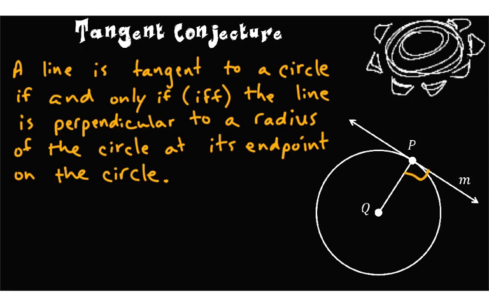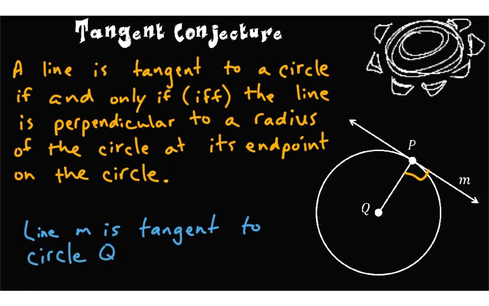And that's what the if and only if does. It says we can go both directions. So another way of saying this with this example of the circle is line M is tangent to circle Q if and only if, and I'm going to use IFF there, M is perpendicular to segment QP.